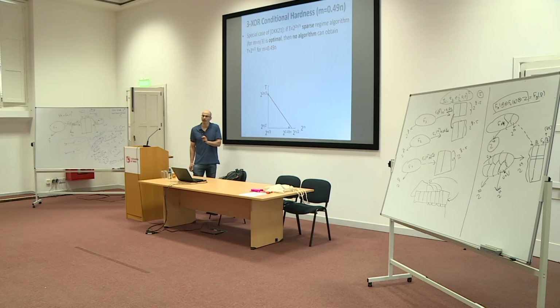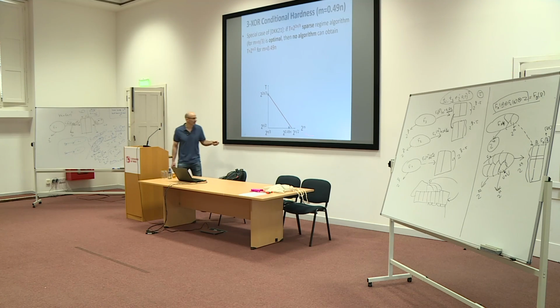In particular, I'm going to simplify even more. What I want to show now is that if this point is optimal, if 2 to the 2n over 3 for the sparse regime algorithm is optimal, then no algorithm can obtain time complexity 2 to the n over 2 given input size of 2 to the 0.49n instead of 2 to the 0.5n.